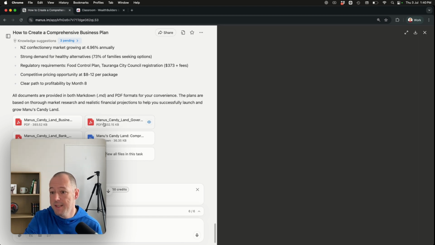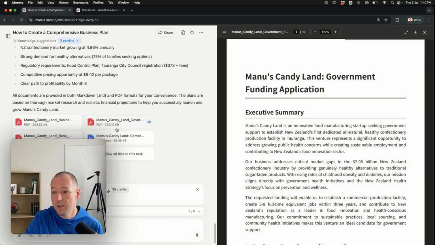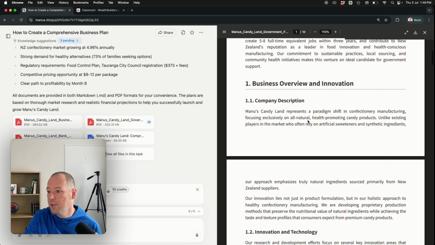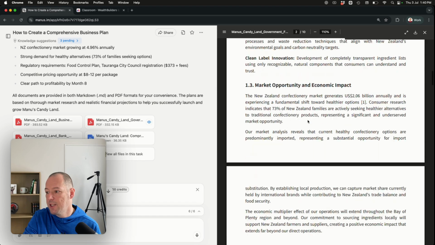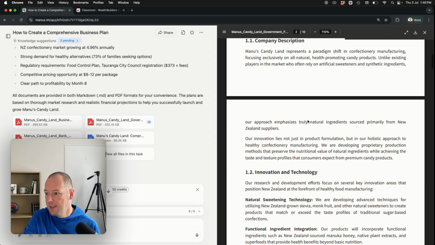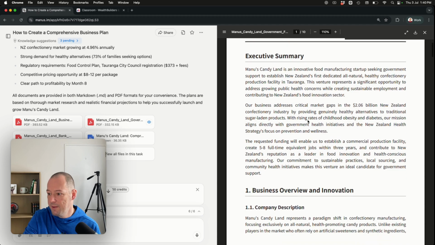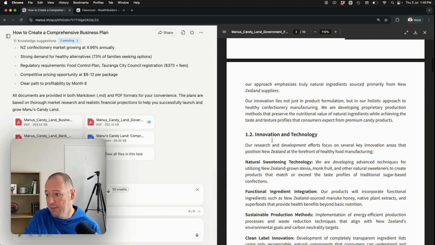And you can see it spits out a PDF and an MD document for Google, so you can adjust accordingly. So this is the stuff for the government funding application. And if I want to actually go now and look at this, it's amazing. It gives all the stuff the government wants to see, like the business overview and the innovation part of it.